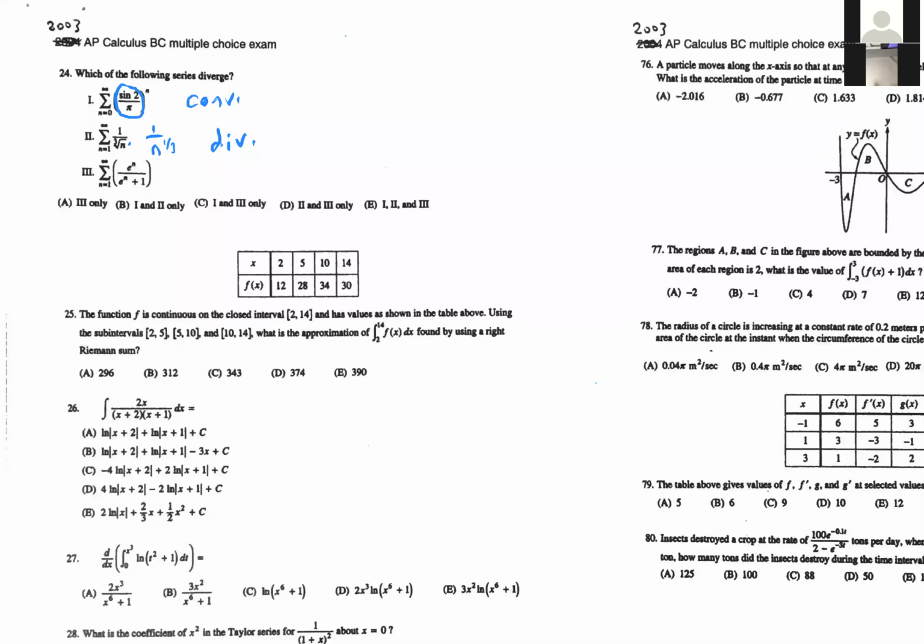And for the next one, even though you don't have to know nth term tests, you can do nth term. Maybe it'll help you. I don't know. This isn't required, but it could actually help you, so I don't want to rule that possibility out. In this case, as n goes to infinity, this plus 1 is insignificant. So e to the n over e to the n is 1. So if the limit as n goes to infinity equals 1, and 1, of course, does not equal 0, this also diverges by nth term test.